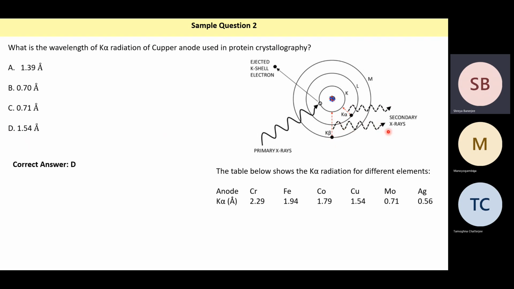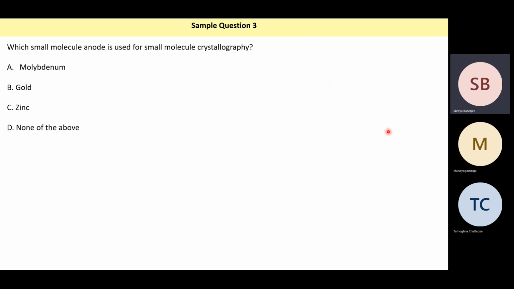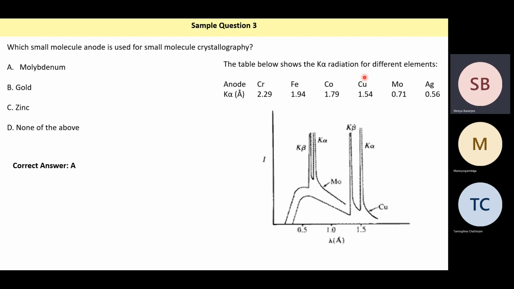The next question is, which small molecule anode is used for small molecule crystallography? Option A, molybdenum. Once more, if you compare the wavelengths, copper is used for normal crystallography, and silver is too small, so it will completely pass through the gaps in the lattice.